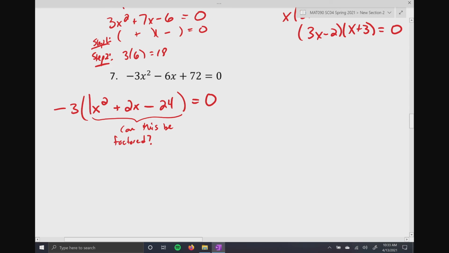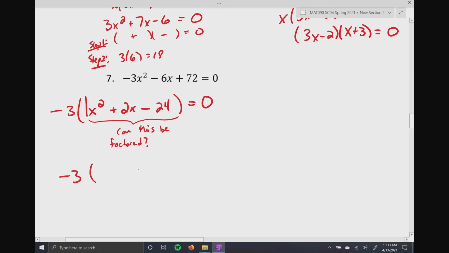So I can go directly into this. Put an x, a plus and a minus. Factors of 24, 1 and 24, 2 and 12, 3 and 8, 4 and 6. And I think that's it.